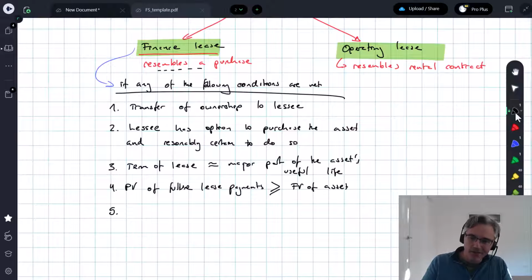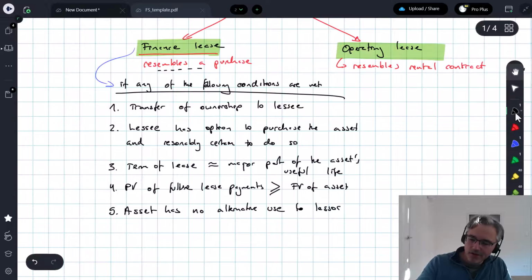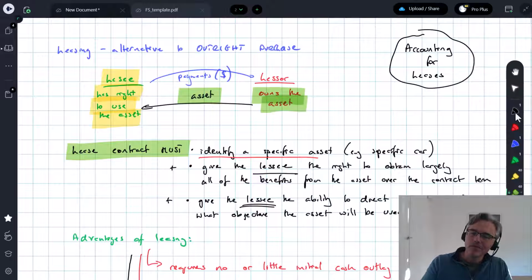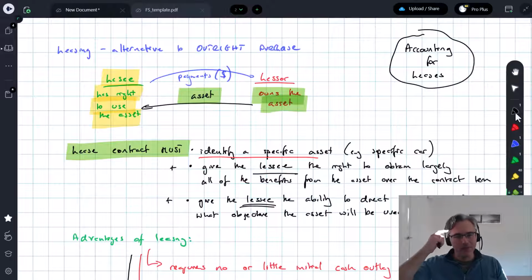And number 5, if the asset has pretty much no alternative use to the lessor. So, the lessor is the party who owns the asset, but they've given it to you to use. But sometimes the asset will not be a universal one, like a truck, like a car, but something very specific, something very niche.